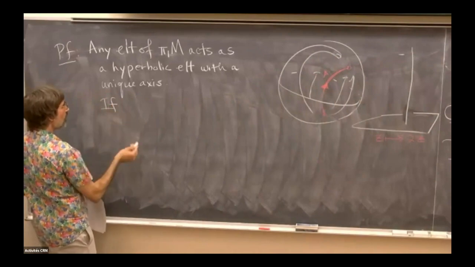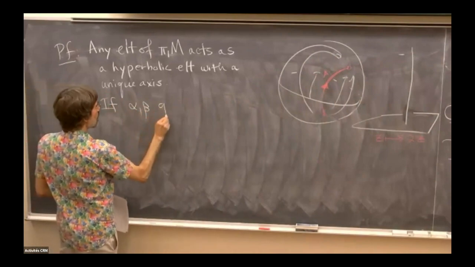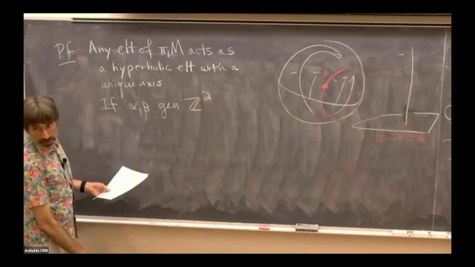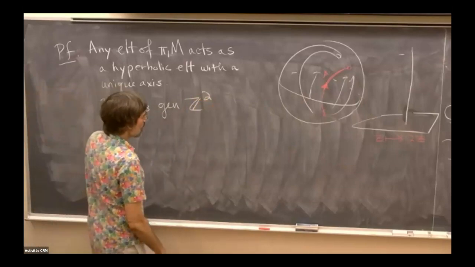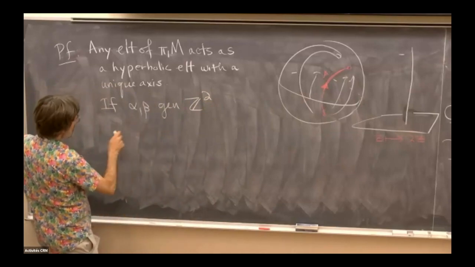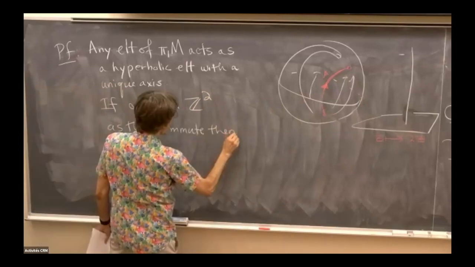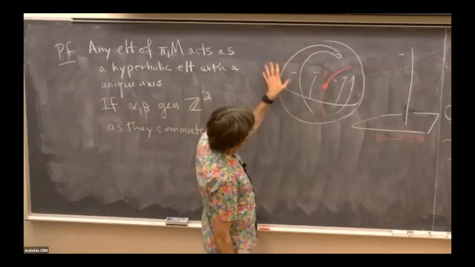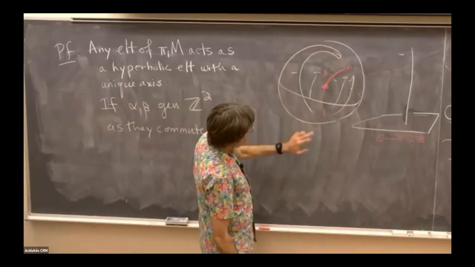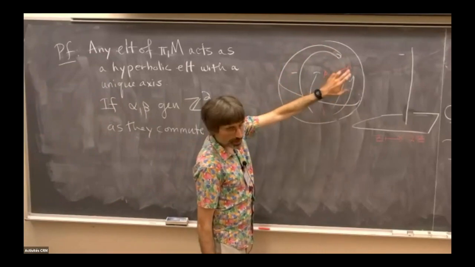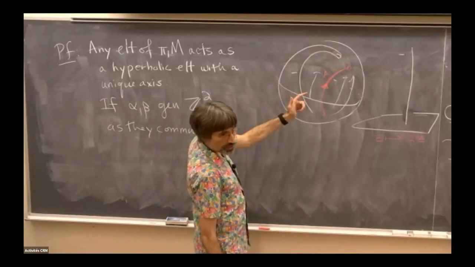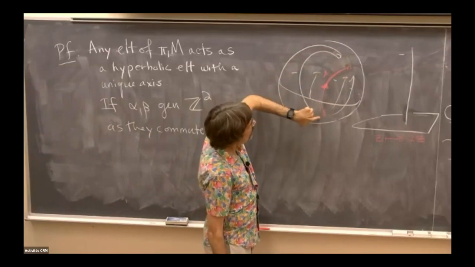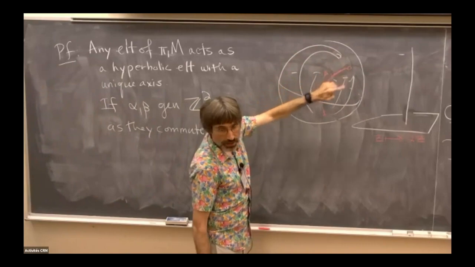If we had two elements, alpha and beta, that generate some free abelian subgroup, then, because they commute, I have this element acting on the sphere at infinity, and there are two fixed points. If I have something which commutes with it, it has to preserve, possibly interchange, but preserve those two fixed points.